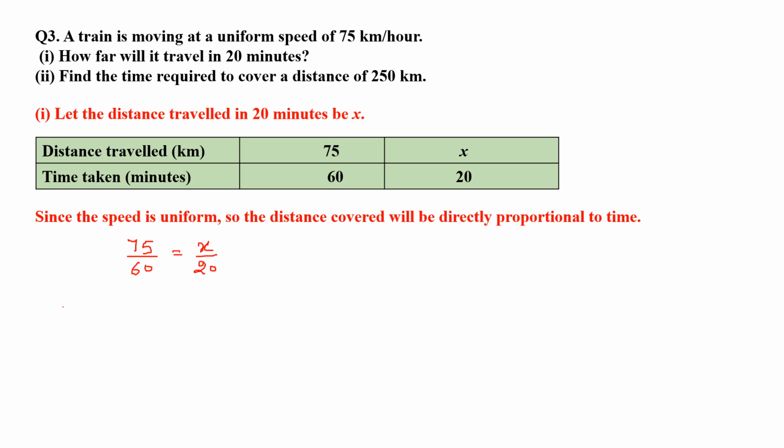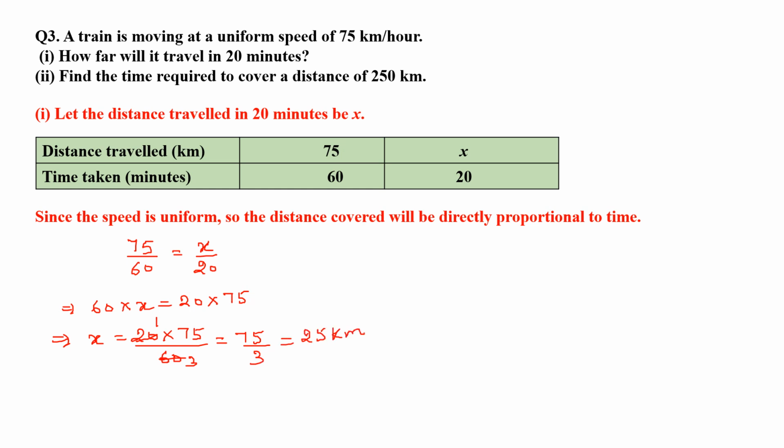Now cross multiply: 60 into x is equal to 20 into 75. And again I can write x equal to 20 into 75 by 60. So 20 times 1, 20 times 3. So 75 by 3 will give you 25 kilometer.